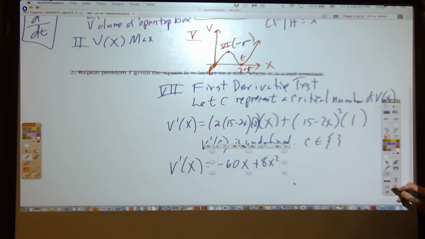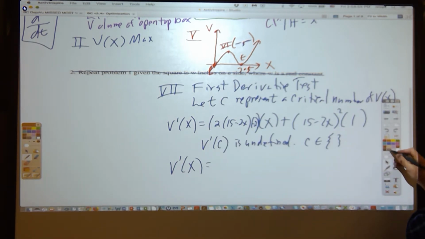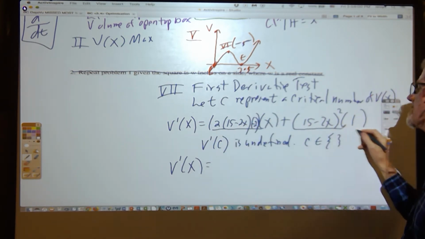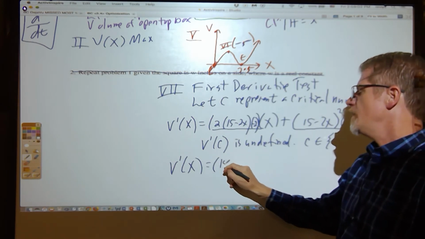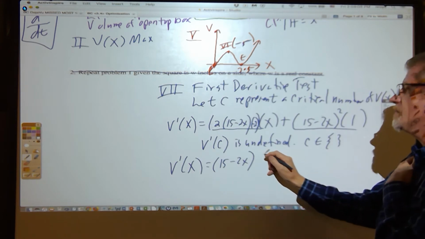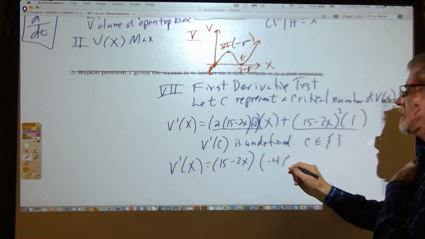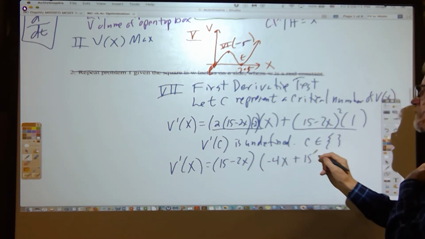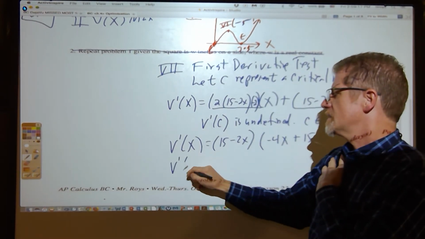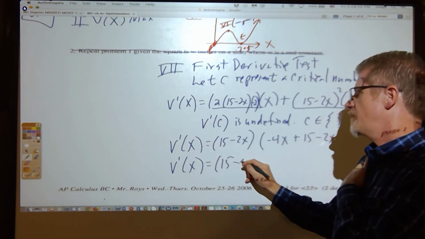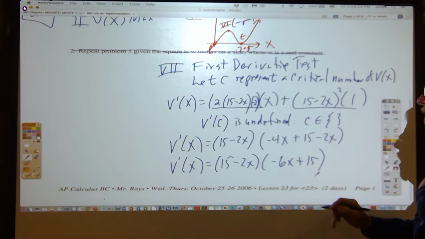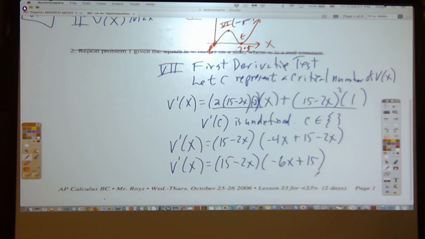I could have factored out a 15 minus 2x, so I apologize for that. Both of these terms contain 15 minus 2x, and we don't want to miss out on that. So when you factor out a 15 minus 2x, what's left in parentheses is -4x plus 15 minus 2x. That's a much better deal because I want factored form anyway. So that simplifies to 15 minus 2x times -6x plus 15. Nice. Okay, so that's the first derivative. Leave it in factored form.